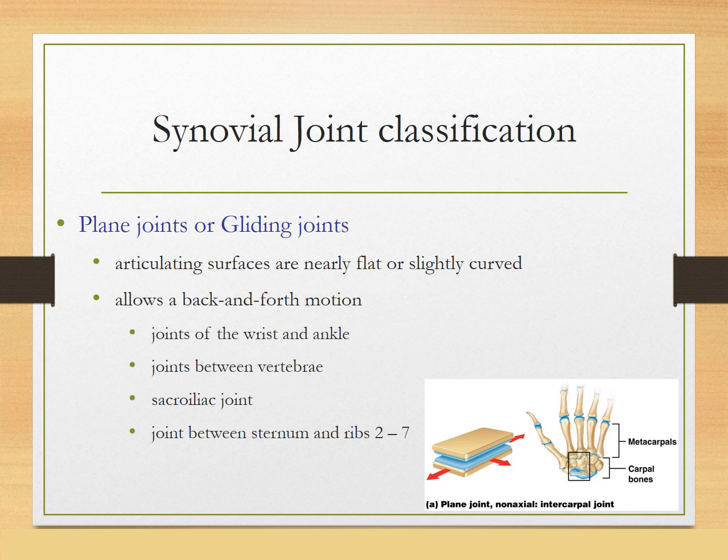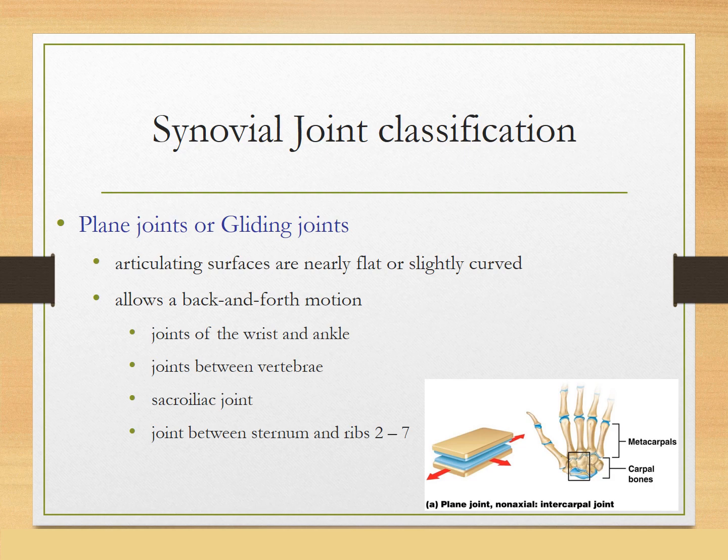Plane joints, or gliding joints. This is where the articulated surfaces are nearly flat or slightly curved, and this allows for a back and forth type motion. This is found between the bones of the wrist and ankle, and the joints between the vertebrae.